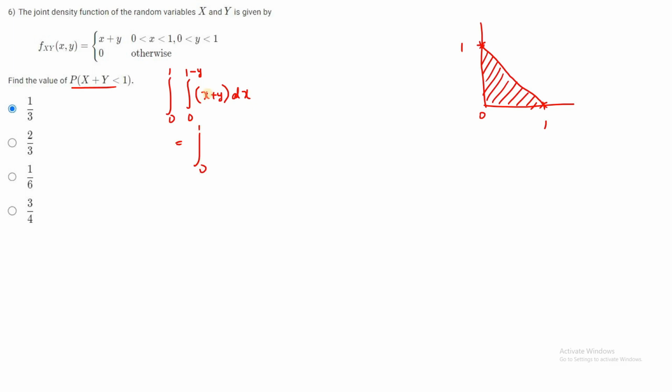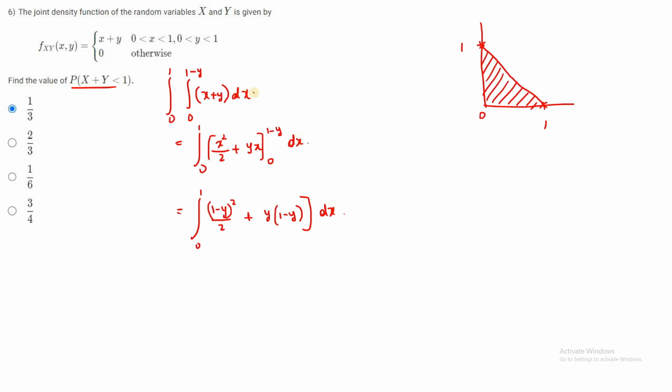What is the integral of x? That is x square by 2 plus y into x. What are the limits? That is 0 to 1 minus y, dx. So this is nothing but integral 0 to 1 of (1 minus y) the whole square, divided by 2, plus y into (1 minus y), into dy. Sorry, this is dy.